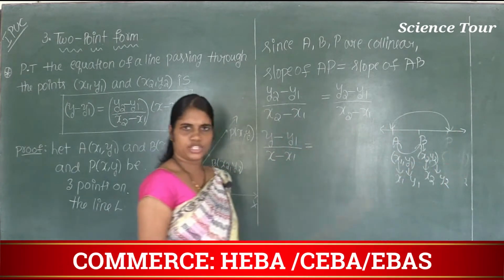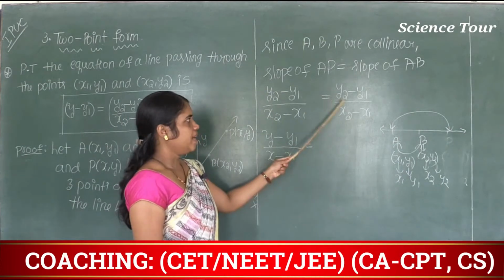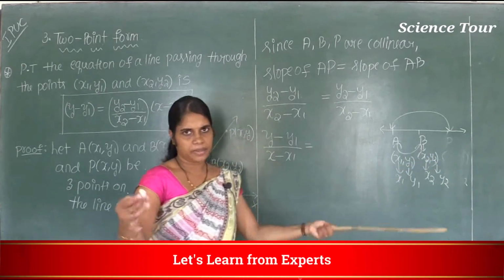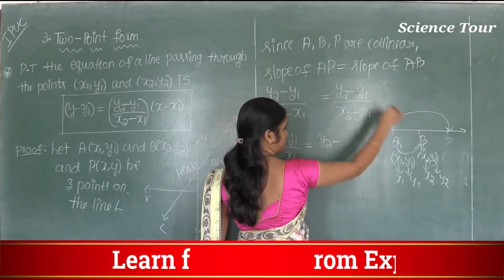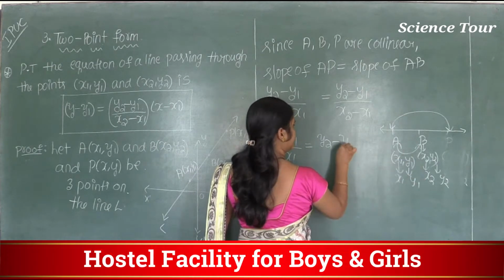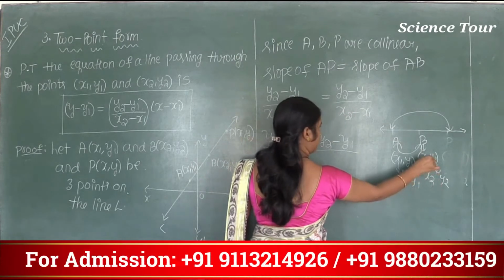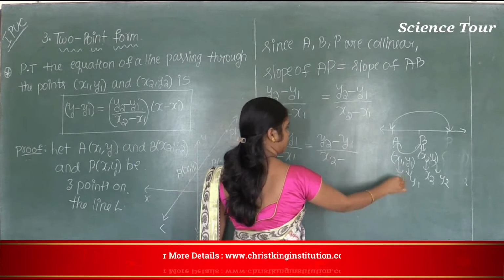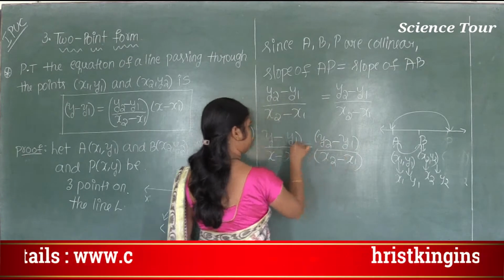We will substitute now. y2 minus y1, what is the value of y2? y2 is nothing but y2 itself, minus y1, y1 value is also y1 itself, by x2, x2 value how much? x2 itself minus x1, what is the value of x1? x1 value is x1 itself.